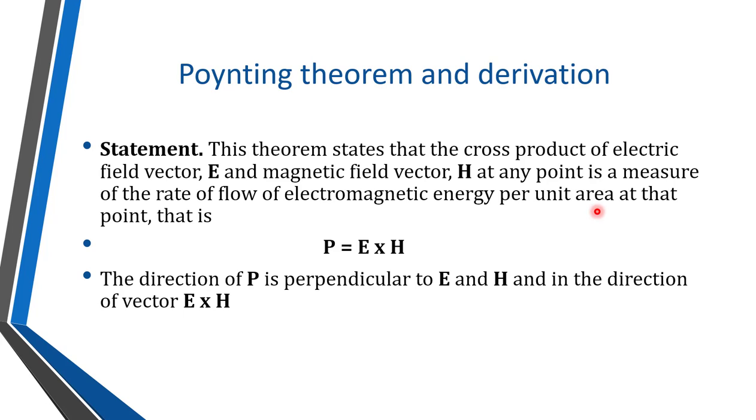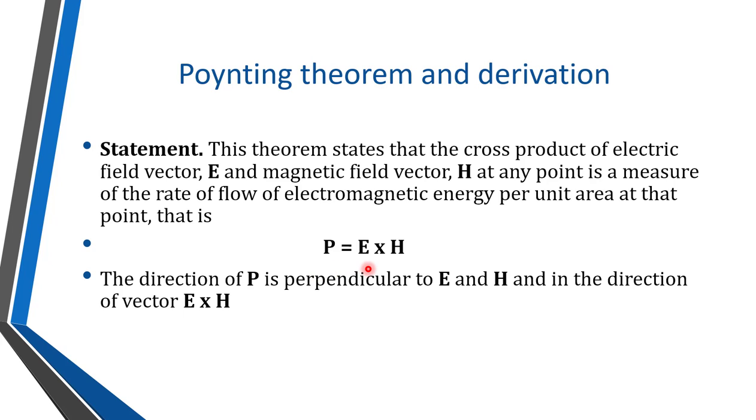So energy per unit area means energy density at that point, and it is given by P bar is equal to E bar cross H bar, where P bar is called the Poynting vector, E bar is electric field intensity, and H bar is magnetic field intensity. P bar indicates electromagnetic energy density at that point.